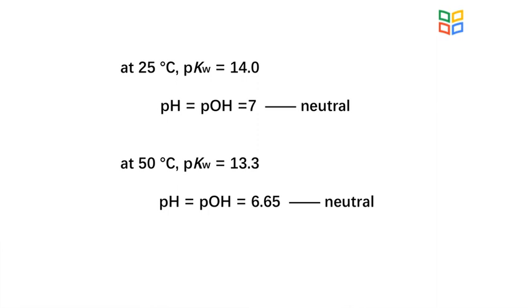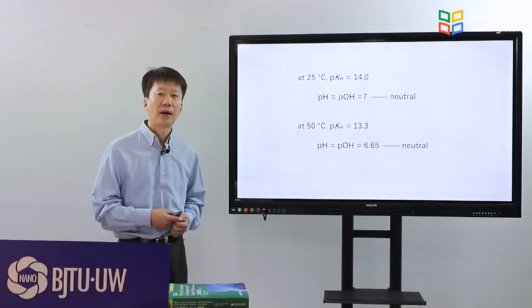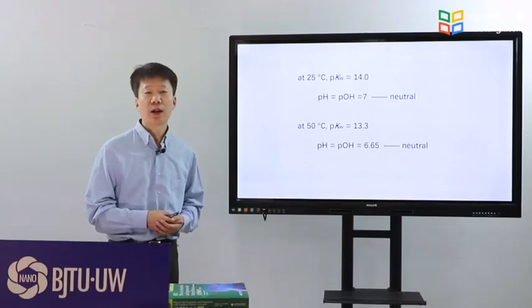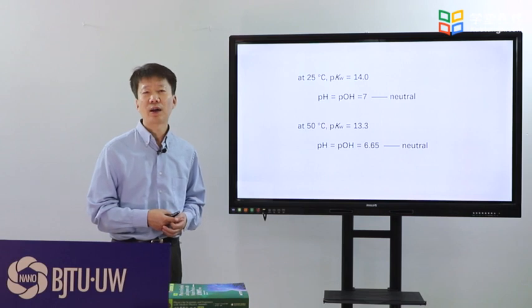But when we talk about whether the solution is neutral, we have to consider the effect of temperature. At 50 degrees C, the pKw of water is 13.3, and the pH or pOH value is 6.65.